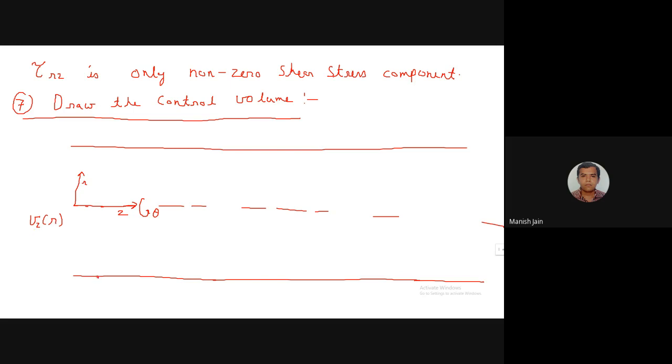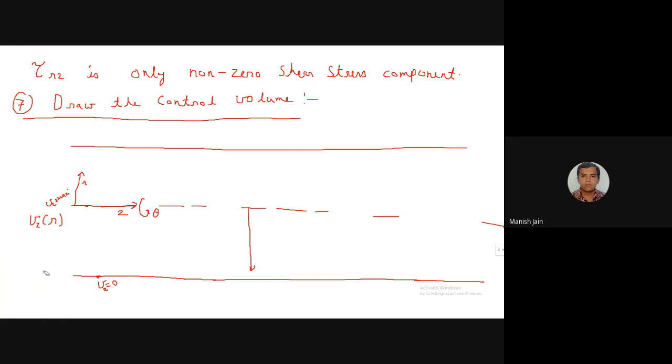At the wall of the pipeline, velocity VZ is zero. At the central point, velocity VZ will be maximum. Suppose the velocity is 2 meters per second here, and here the velocity is zero. So the velocity is not constant throughout the pipeline. It is changing from this point to this point, so velocity is changing in the R direction.